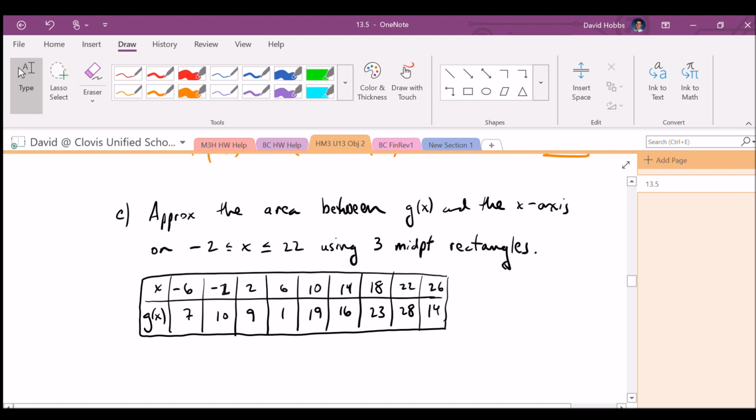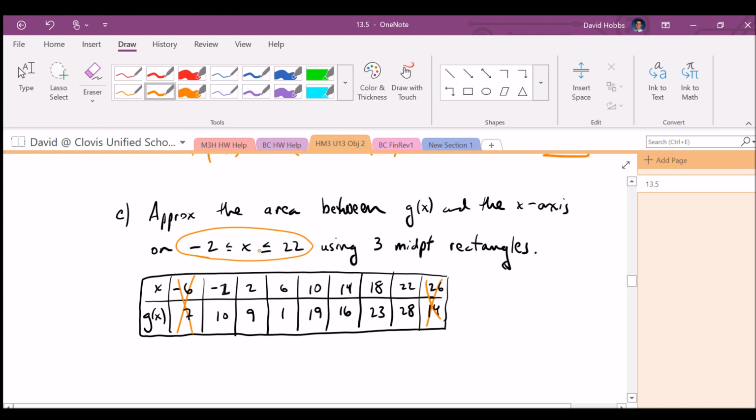Approximate the area between g of x and the x-axis on -2 to 22. Now wait a minute, -2 to 20, that's not the entire interval here. So we are not using the -6, 7, and we are not using the 26, 14.